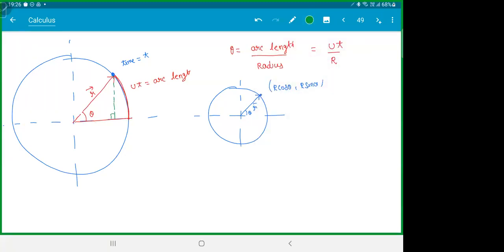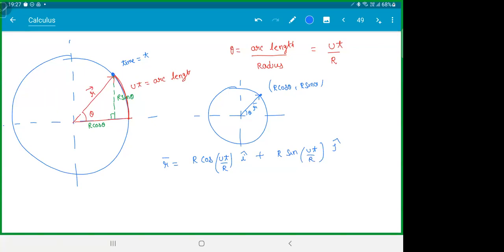I just dropped a perpendicular. R cos theta, and the opposite side is R sin theta. So we get R bar will be R cos theta, where theta is UT by R, i cap, plus R sin theta, which is UT by R, j cap. Please check. That's your position vector as function of time t.